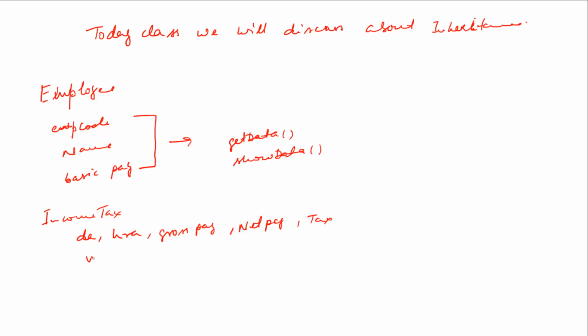So one method is compute, and another method is display, which displays the data. Now there are certain criteria in income tax.